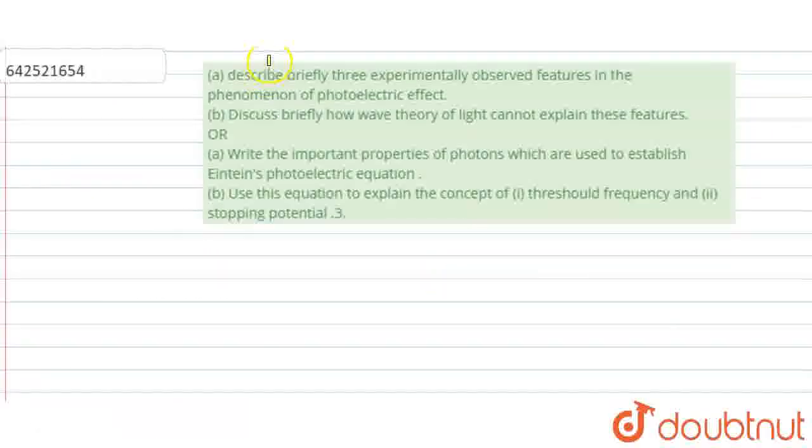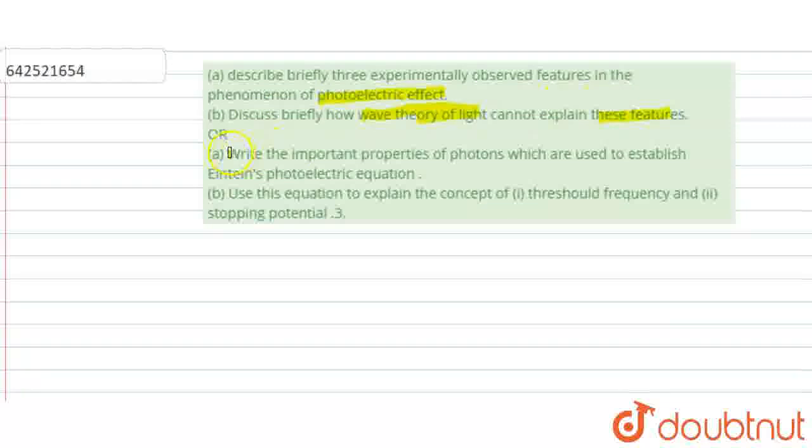Hello students, the question here is: describe briefly three experimentally observed features in the phenomena of photoelectric effect. And part B, discuss briefly how wave theory of light cannot explain these features.